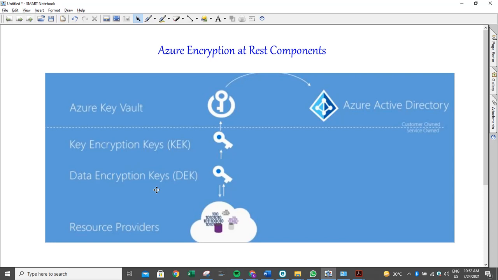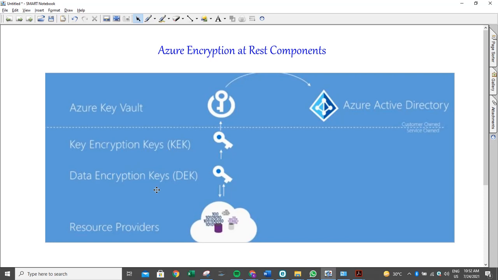The data encryption key is used to encrypt a partition or block of data, and the key encryption key is used to encrypt the data encryption keys. We will see more about data encryption keys and key encryption keys in our upcoming videos.